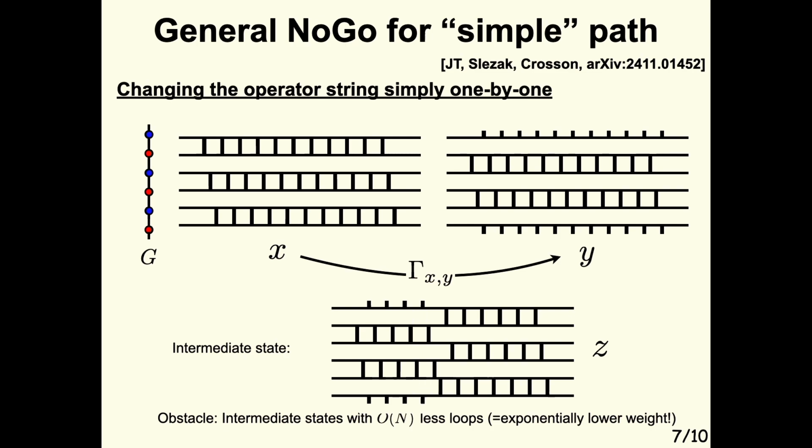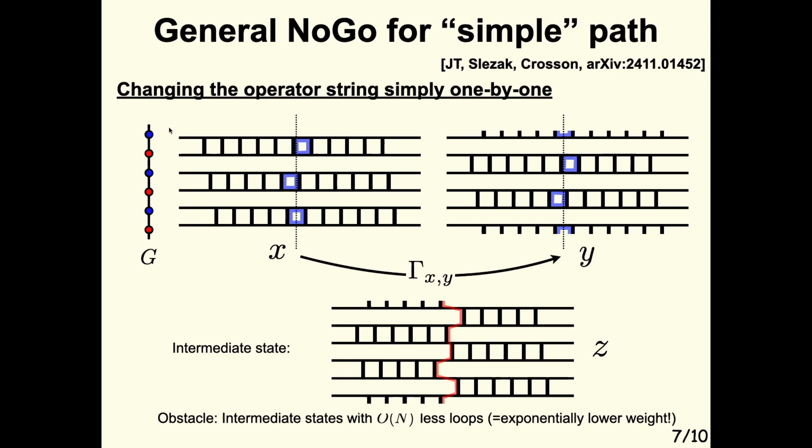And this indeed doesn't work for a general graph like this one, G, where it's a line graph, because, for example, in this intermediate configuration, Z, we will have one big loop that looks like this under this way of counting loops. Whereas in x and y, at this position, we were supposed to have many, many small loops.